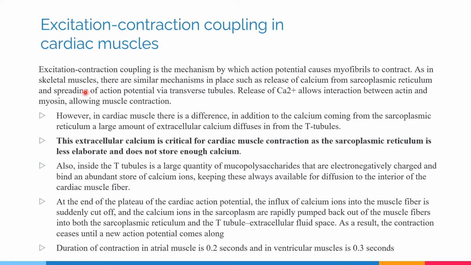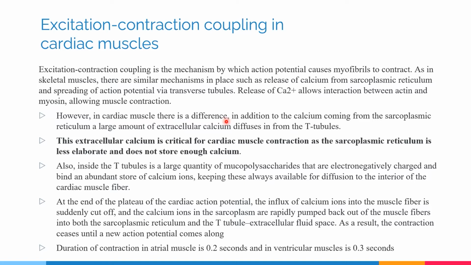As in the skeletal muscles, there are similar mechanisms in place, such as release of calcium from sarcoplasmic reticulum and spread of action potential by transverse tubules. But the release of calcium allows interaction between actin and myosin, which allow the muscle contraction. So these parts are the same as we have seen in skeletal muscles. However, there are various points of difference that we will see.